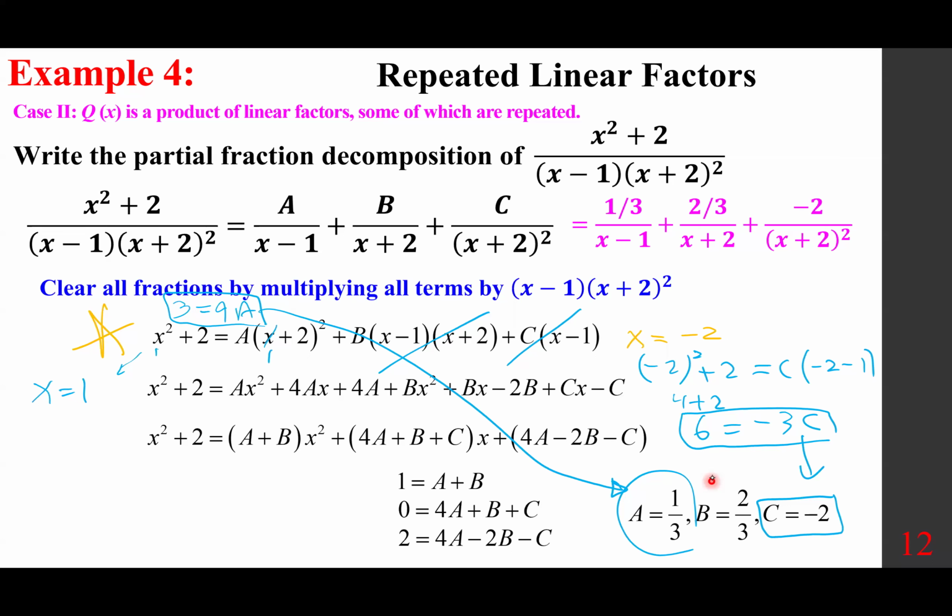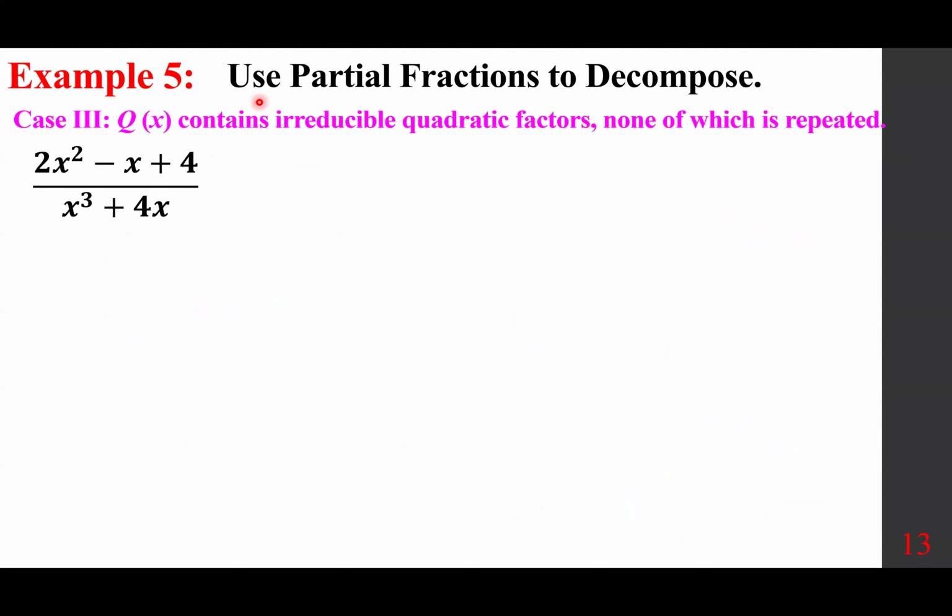Okay, you're going to move on. So this was case number 2. Use partial fractions to decompose 2x² minus x plus 4 over x³ plus 4x. This is case number 3, where q of x, the denominator, contains irreducible quadratic factors, none of which is repeated.